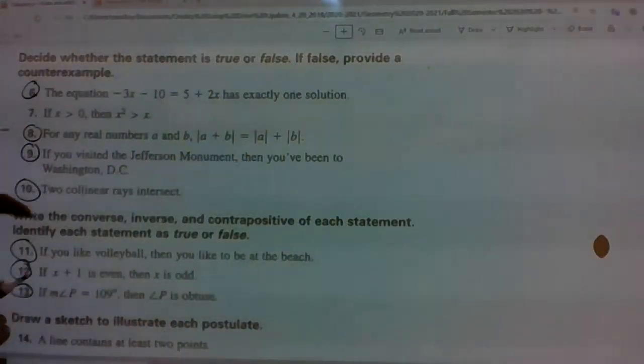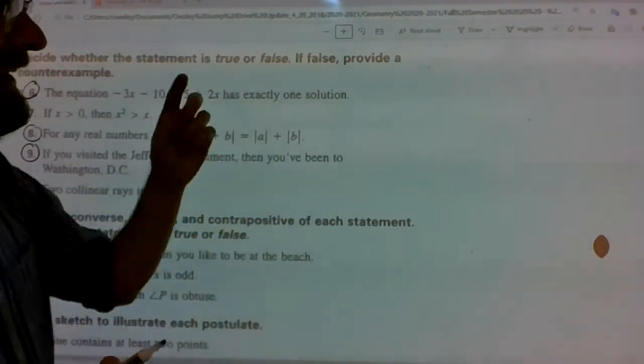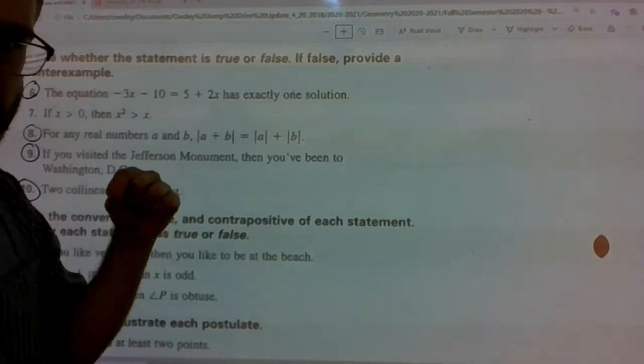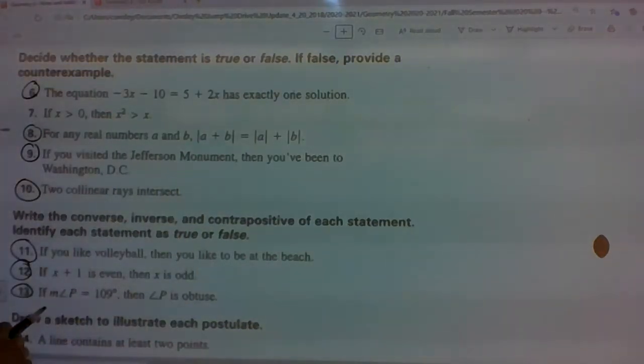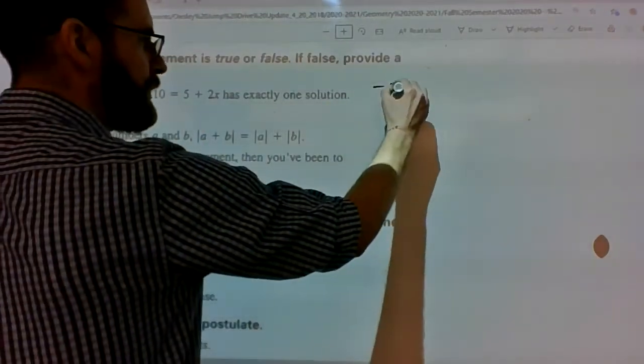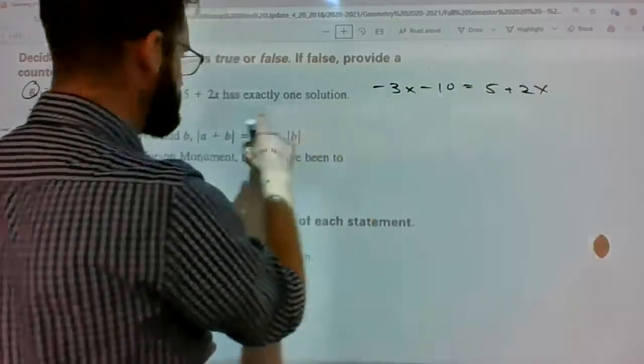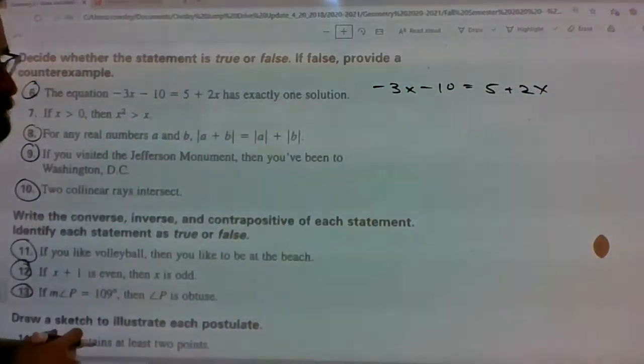All right, so the directions are: decide whether the statement is true or false. If false, provide a counterexample. So when I'm looking at the statement, the equation negative 3x minus 10 equals 5 plus 2x, it says it has exactly one solution.